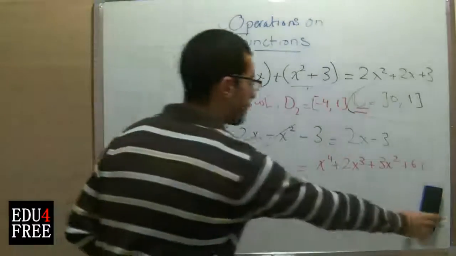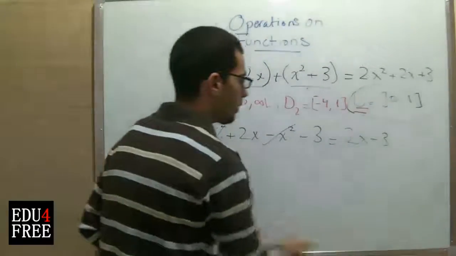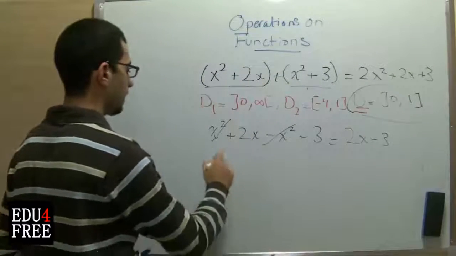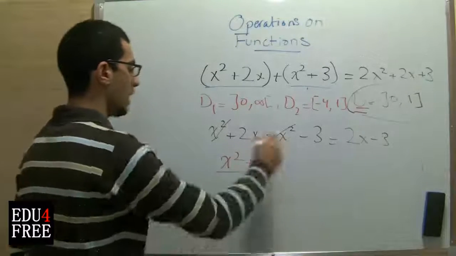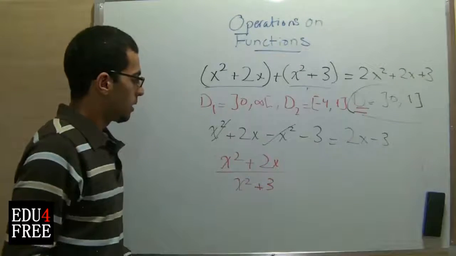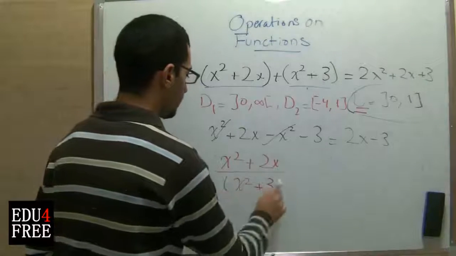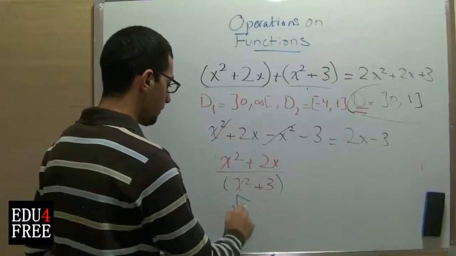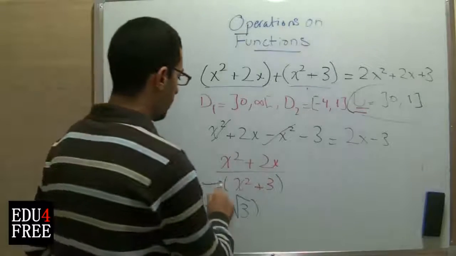But in division, for example, dividing f of x by g of x, we will have x to the power 2 plus 2x over x to the power 2 plus 3. Now, here we have a function so that if x equals root 3, here the result will be a 0 in the denominator.